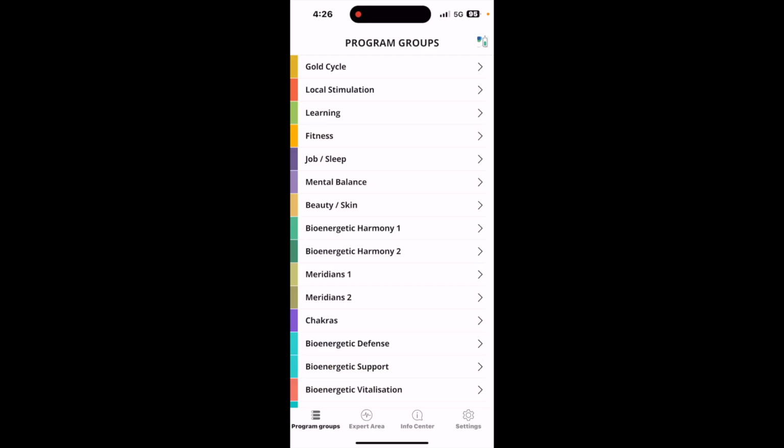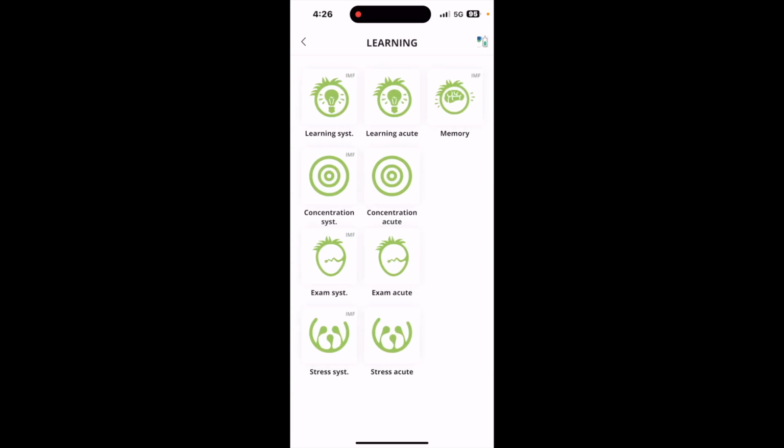Now the next one that you may want to consider is learning. Anxiety can be due to whatever trigger for stress, so I will use stress acute or even exam acute.